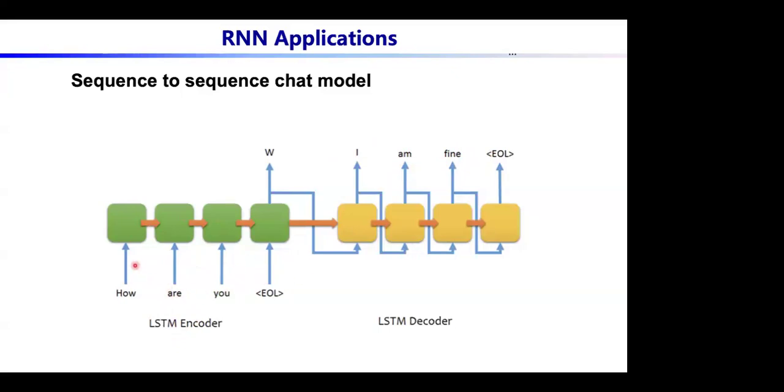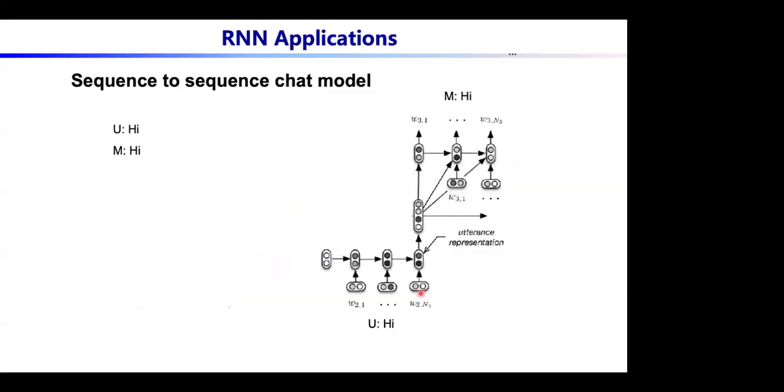Of course, for the LSTM, the first part is the input part, so it's the encoding part, and then the output part is the decoding part. So for the encoder and decoder, we may revisit it later on, but not here.